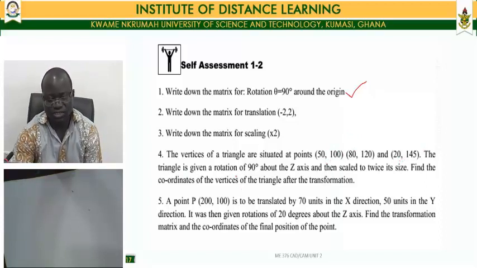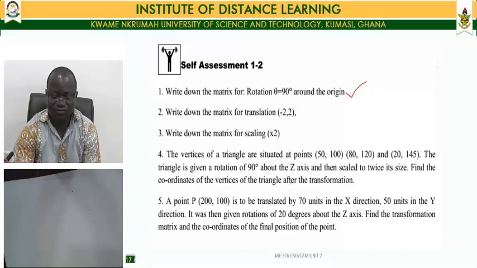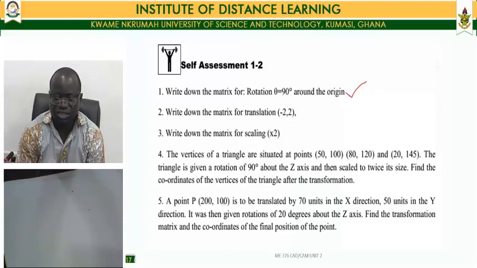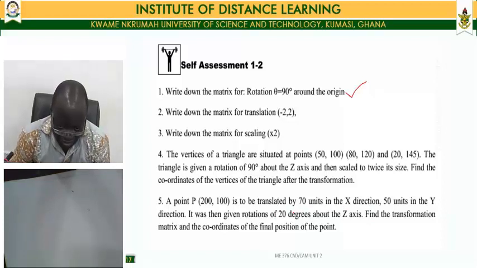You can also look at this 5, which is a point which is translated 70 units in the x direction, 50 in the y, and is also given a rotation of 20 degrees about the z. And you have to find the coordinates of the final position of the point. Okay, so these are self-assessment questions that you can try.